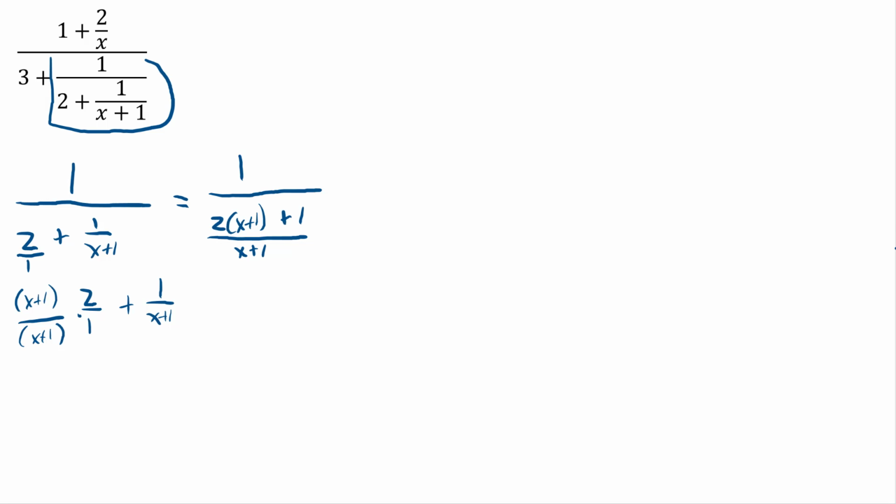So we just need to simplify this a little bit further. We still have a 1 on top, and we're going to have 2x plus 2 times 1 is 2, and a plus 1. Let me erase that to make this a little bit easier to read, plus 1. And all that is still over x plus 1.